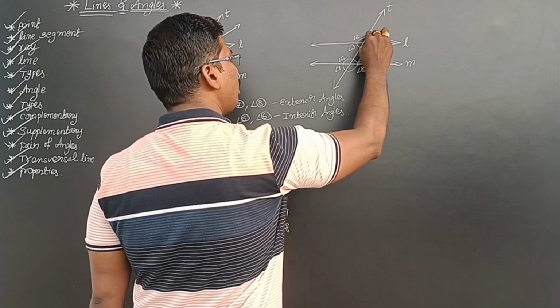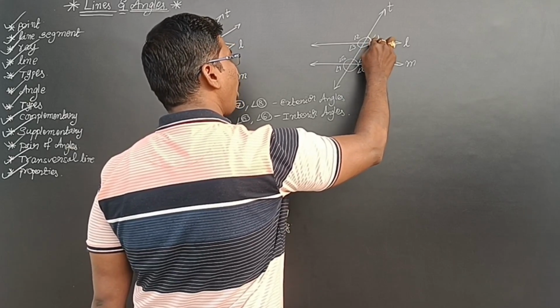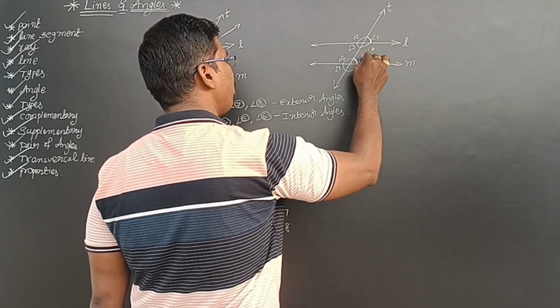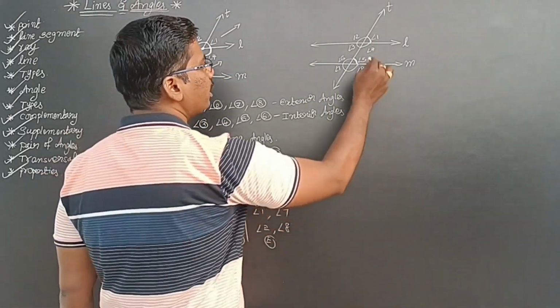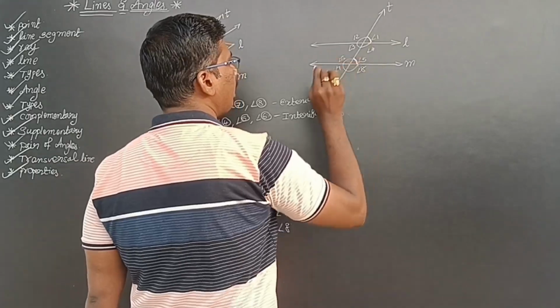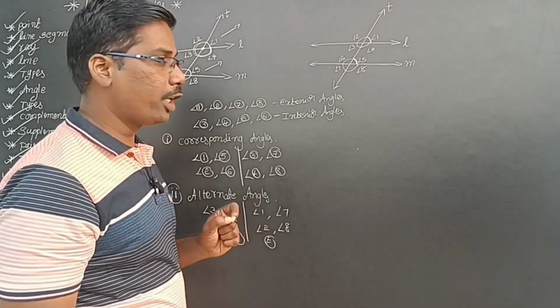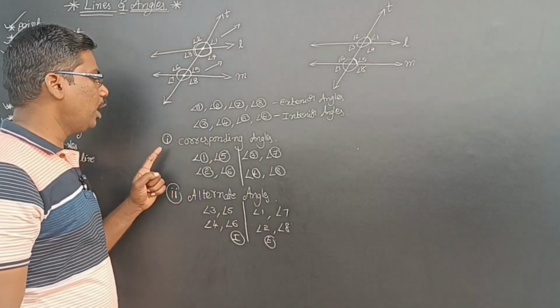Because these two are parallel lines, the gap is the same everywhere. Parallel lines mean the same gap, so the corresponding angles are equal.